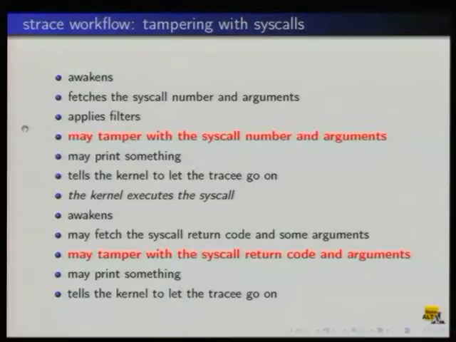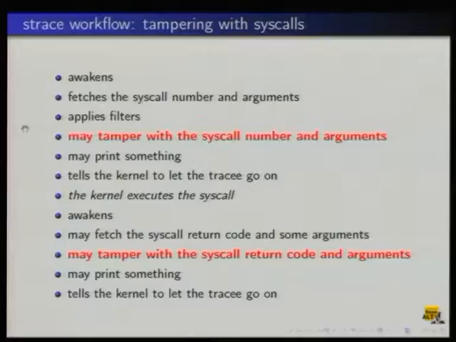So this is actually how syscall fault injection is implemented. Strace changes the syscall number to an invalid one, which is -1, and then the kernel sees this. It's an invalid syscall, so it just returns an error code.